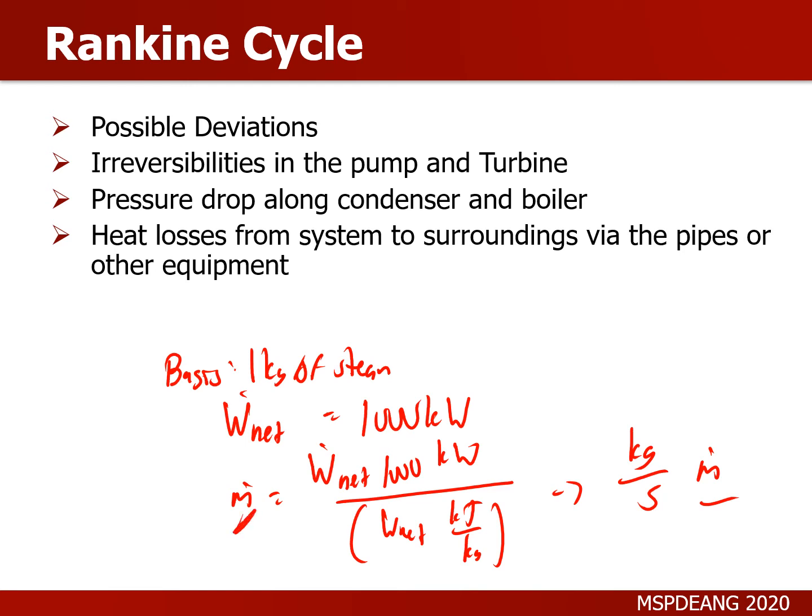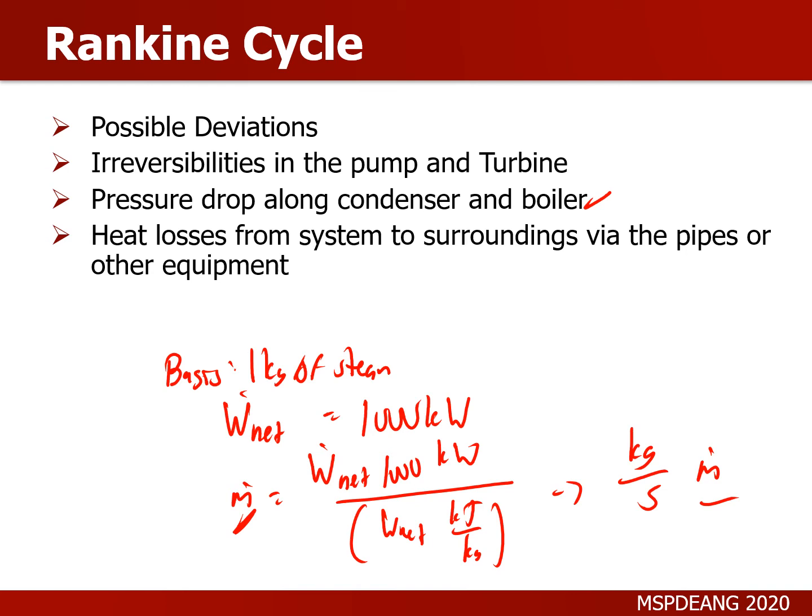So this is one way to obtain the actual or required mass flow rate of our steam flowing throughout our cycle. Now, some other possible deviations in our ideal Rankine cycle: you can have some pressure drops along your condenser and boiler, although these have to be explicitly stated. You can also have some heat or system losses from your pipes or other equipment, especially your boiler and condenser.